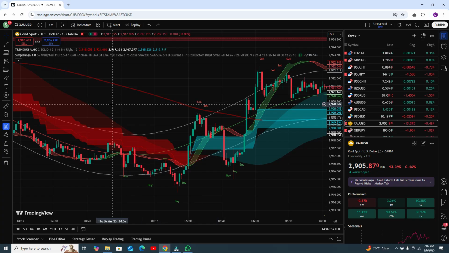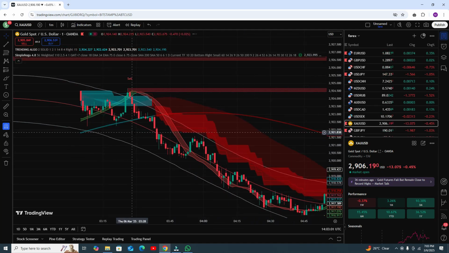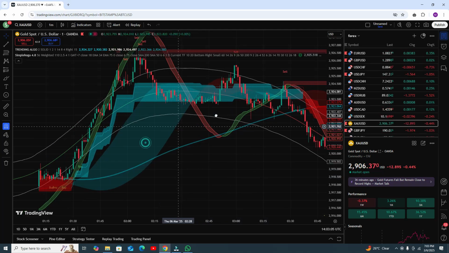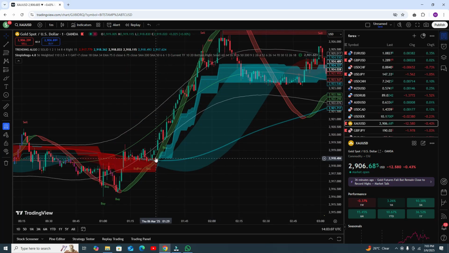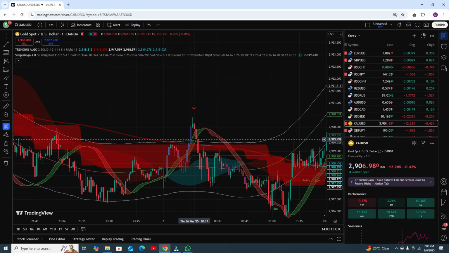That is actually not a strong buy signal, that is a weak buy signal. These are strong conditions when your conditions are perfectly true, like this one, that is a strong buy condition. And here you can see that is a strong sell condition.